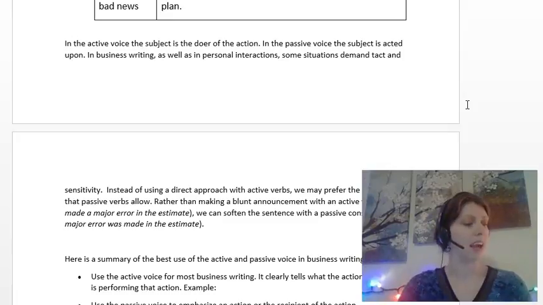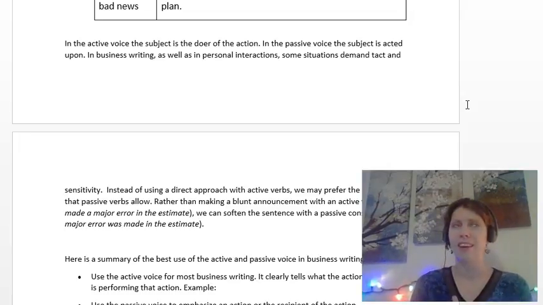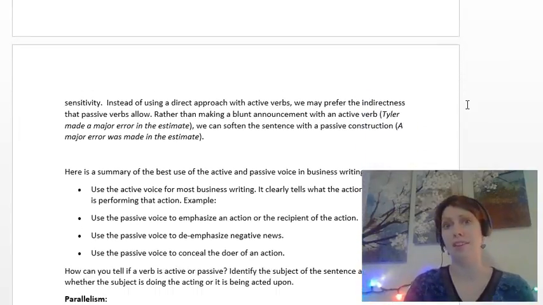So in the active voice, the subject is the doer of the action. In the passive voice, the subject is acted upon, right? So in business writing, as well as in personal interactions, some situations really do demand some sensitivity.